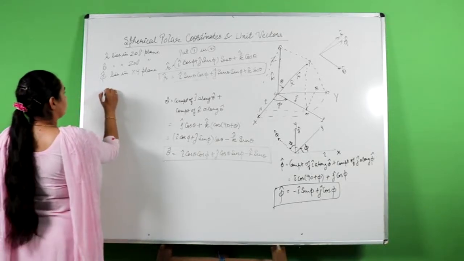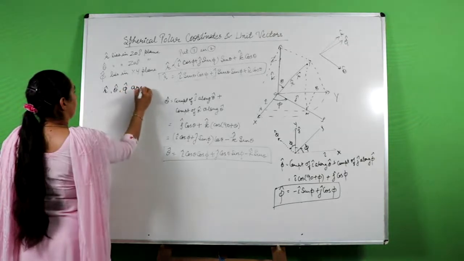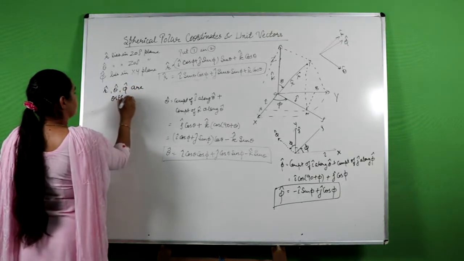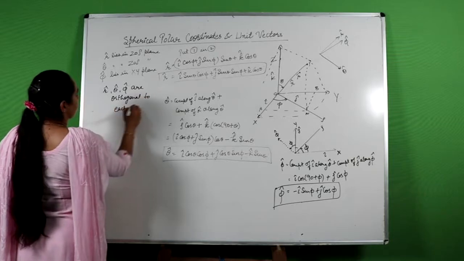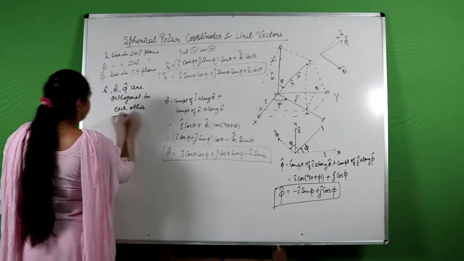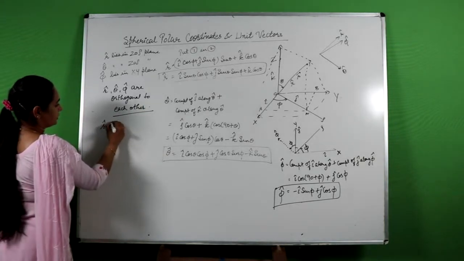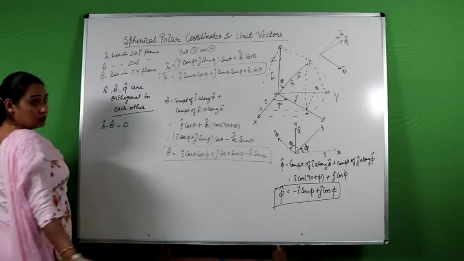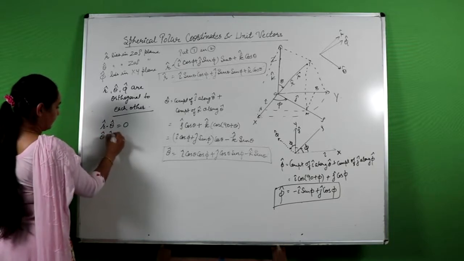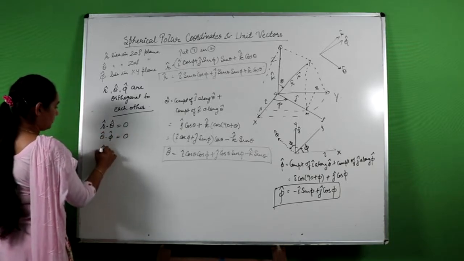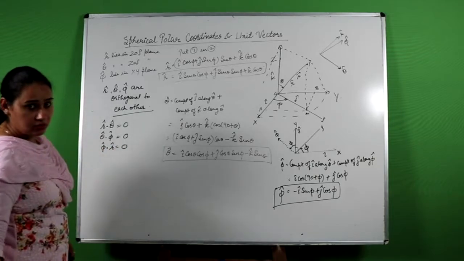If I want to prove that r cap, theta cap and phi cap are orthogonal to each other, I will prove either r cap dot theta cap is 0, or theta dot phi is 0, or phi dot r is 0.